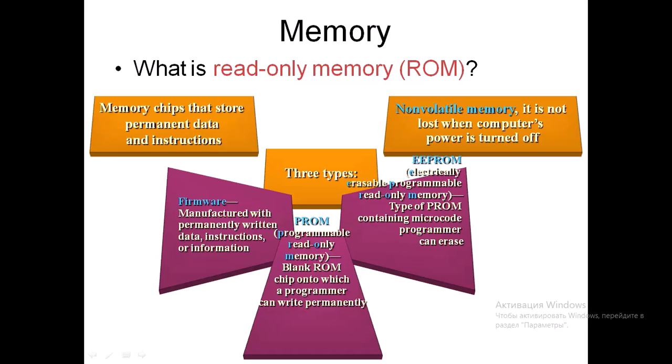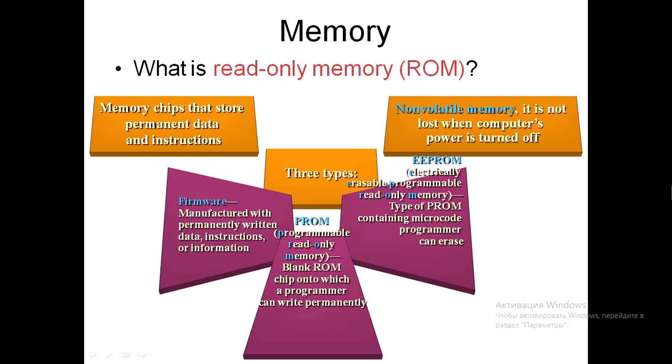What is read-only memory? Memory chips that store permanent data and instructions. It is non-volatile memory, so it is not lost when the computer's power is turned off. Read-only memory has three types.